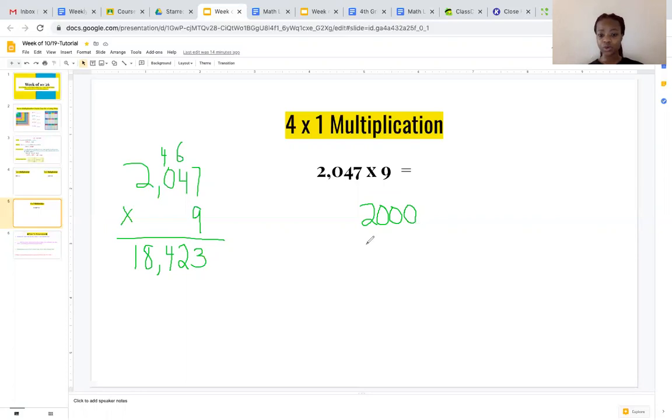So we have 2,000, we have 0 in the hundreds place. We have 40 in the tens place, and we have 7. So very similarly to what we saw before, we're going to multiply each of these by that single digit factor.